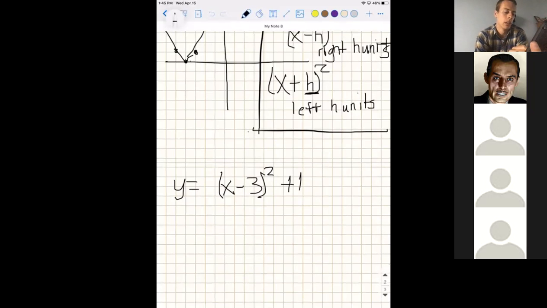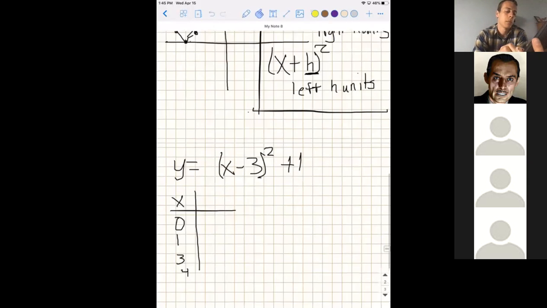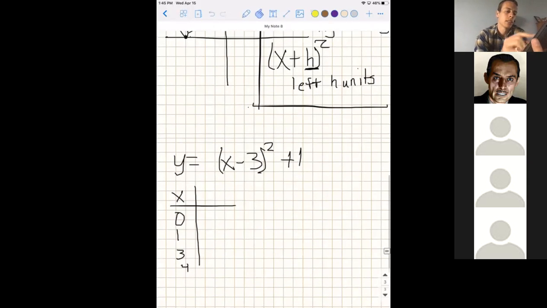How's that? We'll do our x, y, and I'm gonna tell you the x values. Let's go 0, 1, 3, 4, and 6.